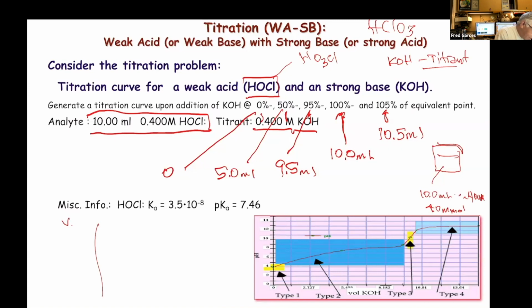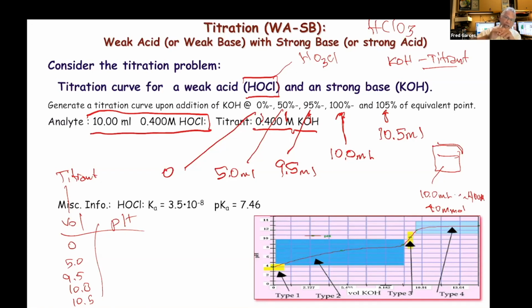This is the volume of titrant. That's not the volume of the solution though. The volume of the solution will vary, but the volume of titrant will be 0, 5.0, 9.5, 10.0, and 10.5. Each time you're adding it to 10 milliliters.